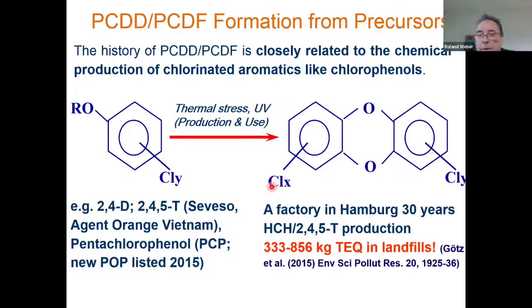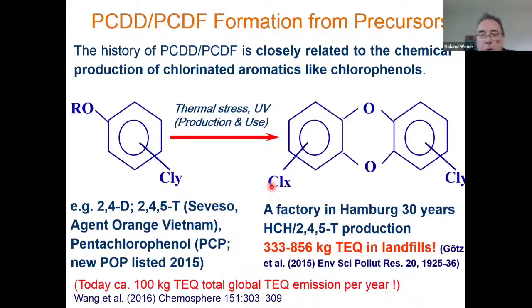And this number you can compare with the total dioxin release for 1 year of all sources and all countries in the world, which is estimated at about 100 kilograms. So you see that in the past, the organochlorine industry produced far more dioxins and released them to the environment compared to the sources of today.